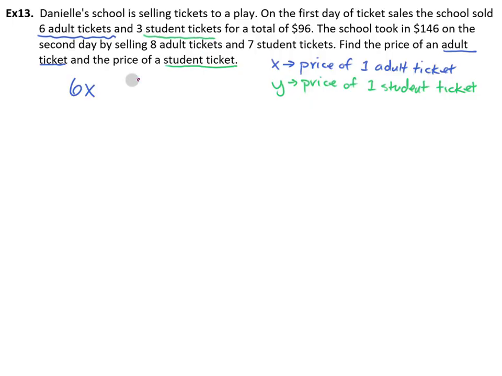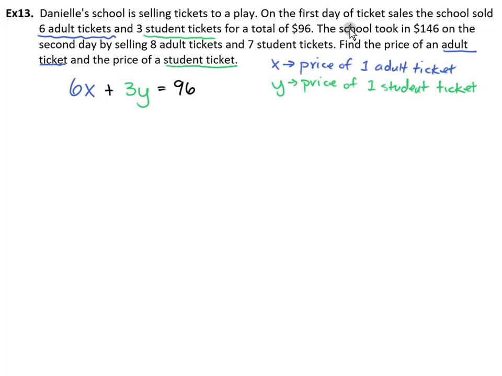They sold 3 student tickets, so 3 times our price for student tickets. And I know that together, the money we made from adult tickets and student tickets was equal to $96 that day. So 6 adult tickets, 3 student tickets. When I add those prices together, that should give me $96.